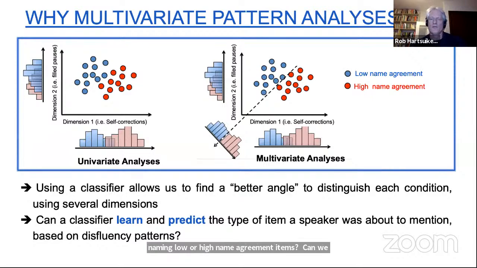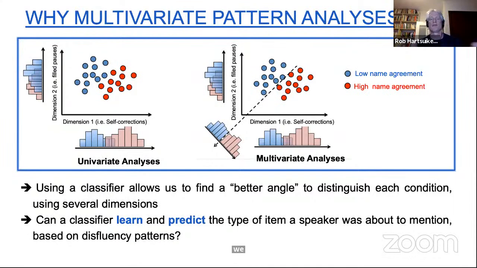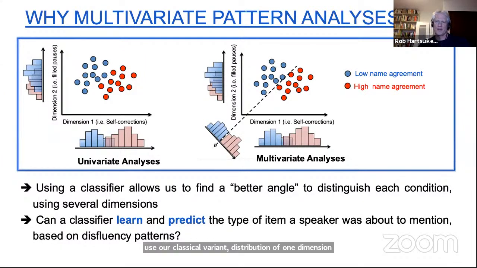When we use a classical univariate analysis, we focus on each dimension or variable, and we compare whether two conditions differ. The distribution of one dimension doesn't depend on other dimensions. But in a multivariate pattern analysis, all dimensions are taken into account at the same time. You try in this high dimensional space to find the angle, as it were, that distinguishes different conditions from each other.